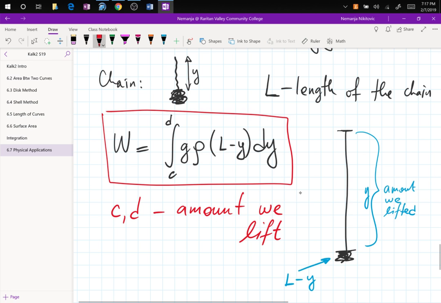Would something like this be important? Yeah. You lay cables underwater, and there is so much stuff that gets to use this.